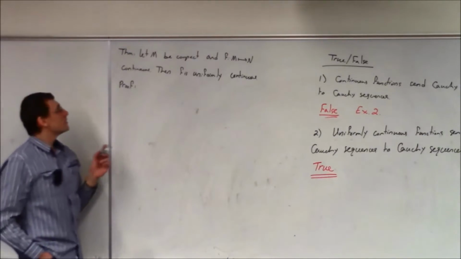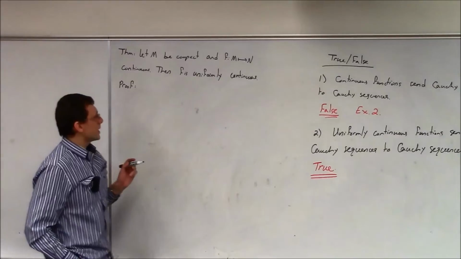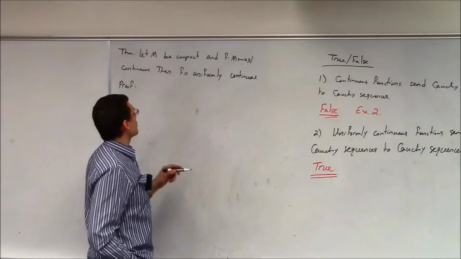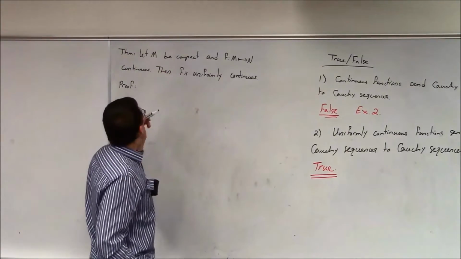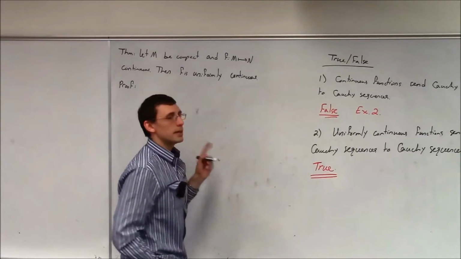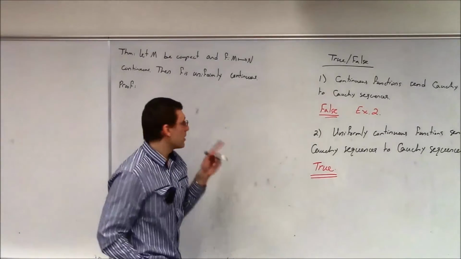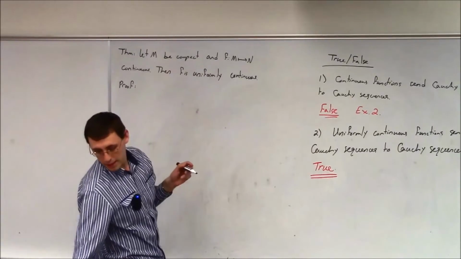Well, one simple way of doing that is that we assume that the function is continuous, so we're going to select balls of radius delta, and the delta depends on the x where I pick it. And I'm going to create an open cover.